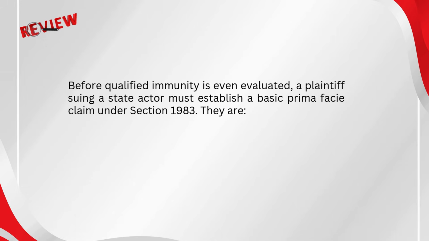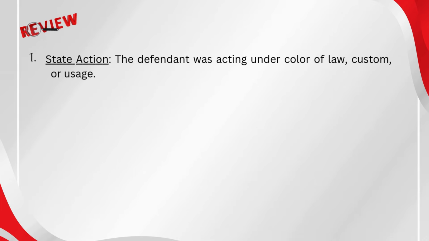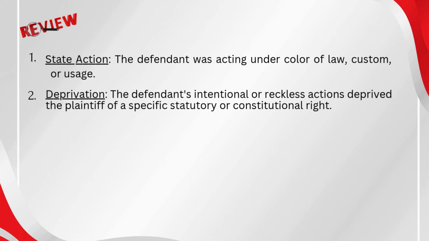Before qualified immunity is even evaluated, a plaintiff suing a state actor must establish a prima facie element claim under Section 1983. And they are: 1, the plaintiff must demonstrate state action in the complaint, that the defendant was acting under color of law, custom, or usage. 2, deprivation.